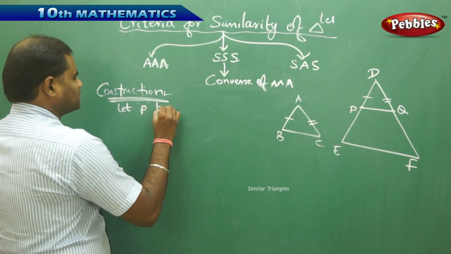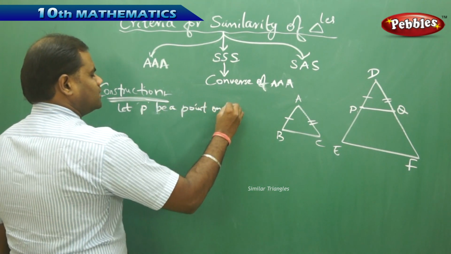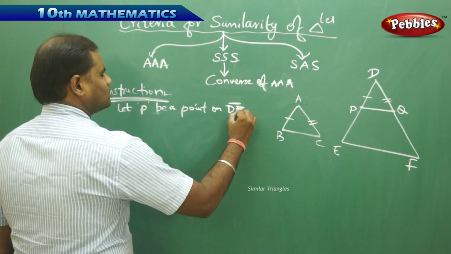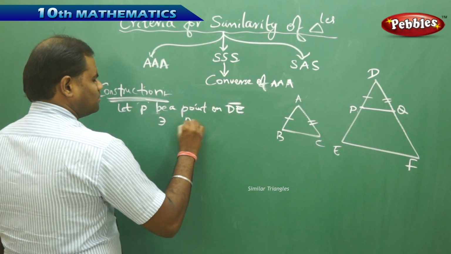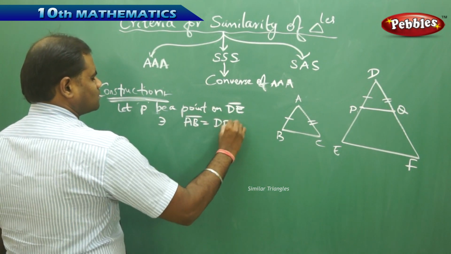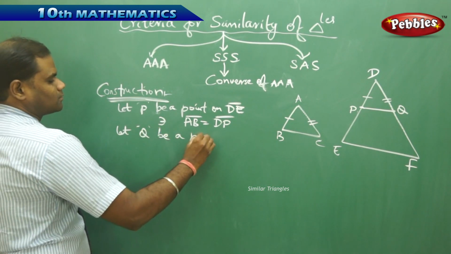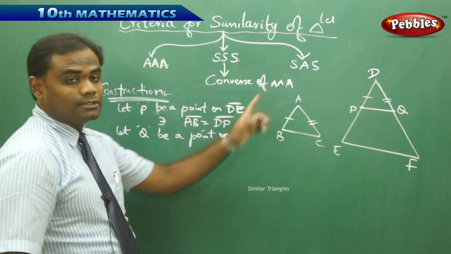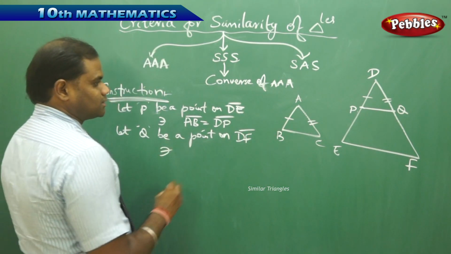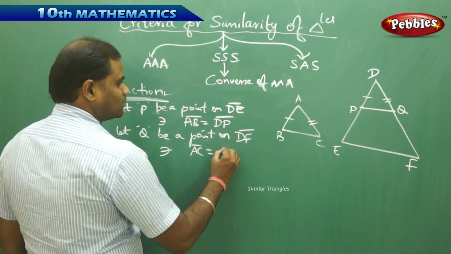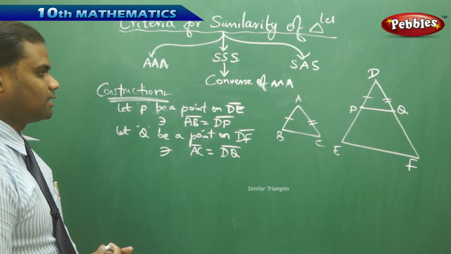Let P be a point on DE such that AB equals DP, and similarly let Q be a point on DF such that AC equals DQ is what I have taken as the construction.